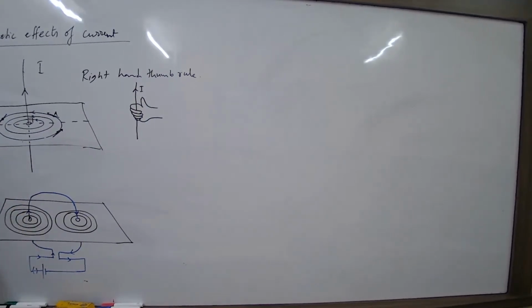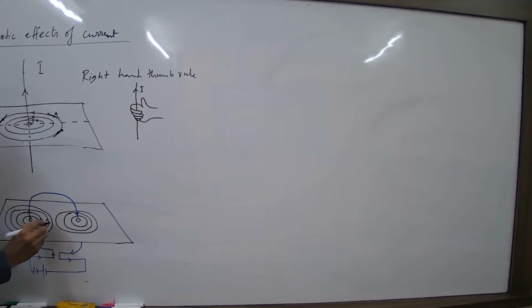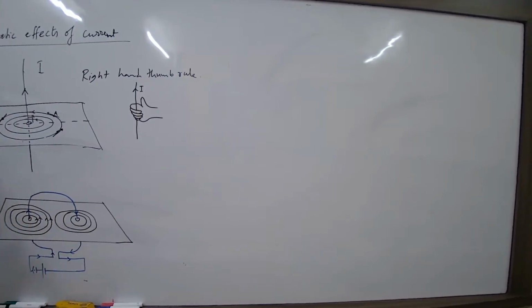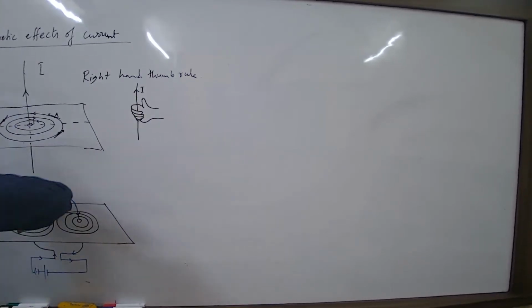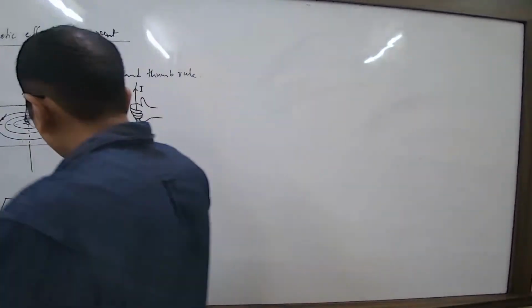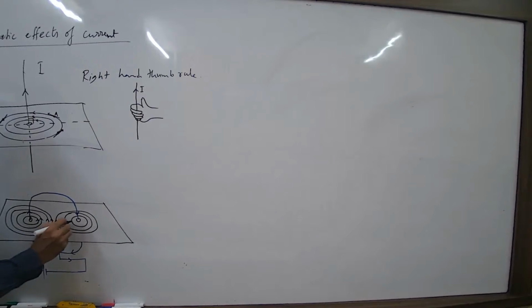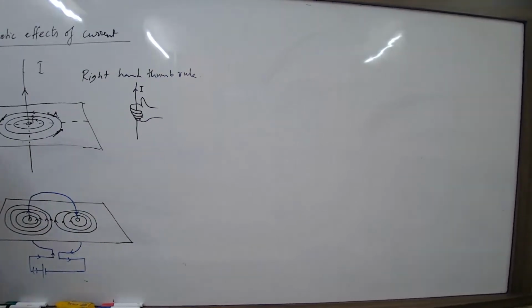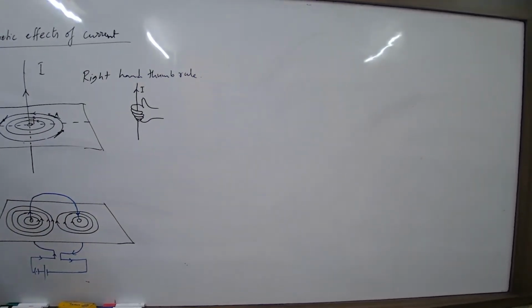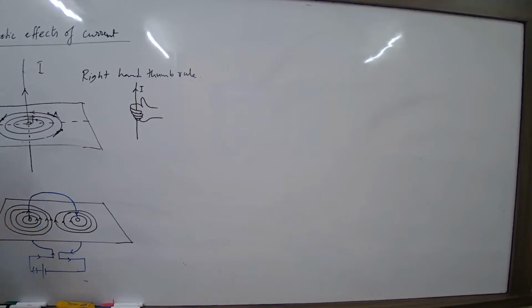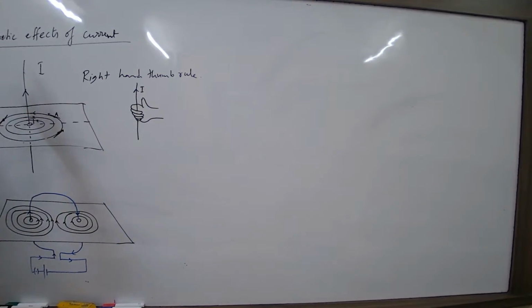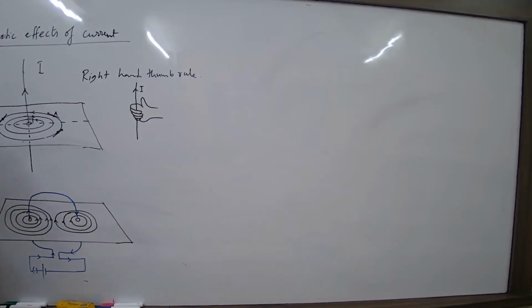In this case, what is the direction? Like this. In this case, again, it is in the same direction. Meaning, if you see the plane of the paper, the field is entering from the first side. So what is the nature of the field?